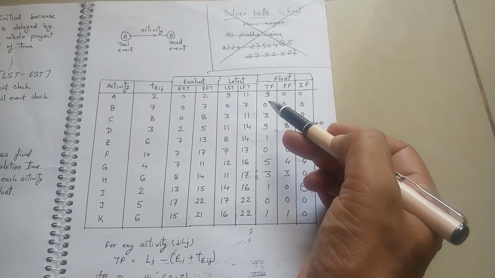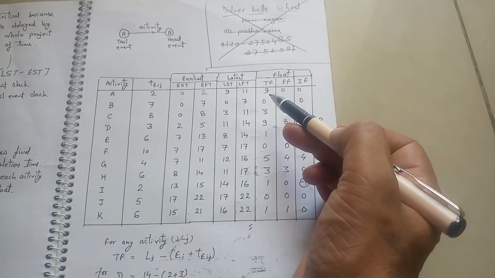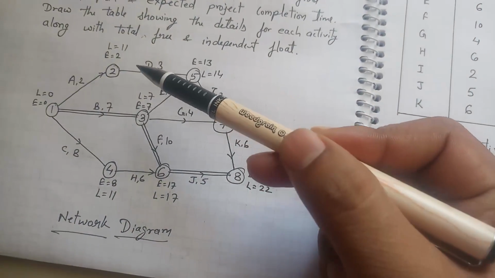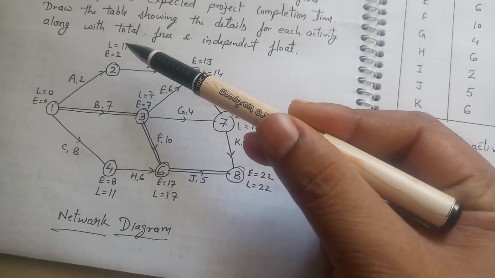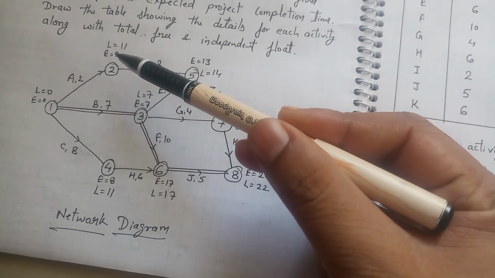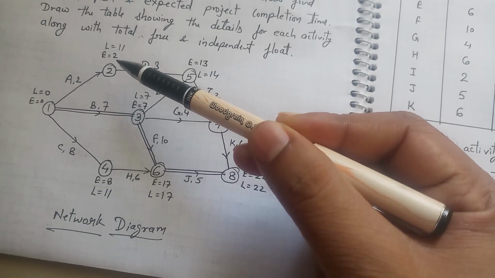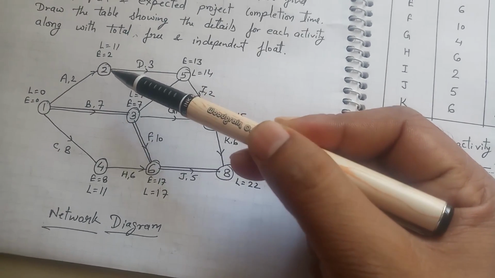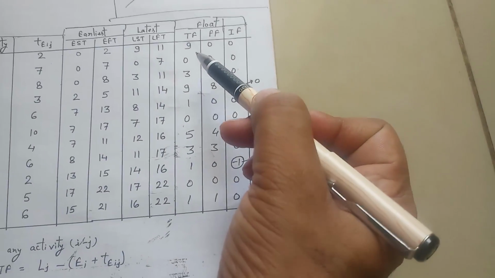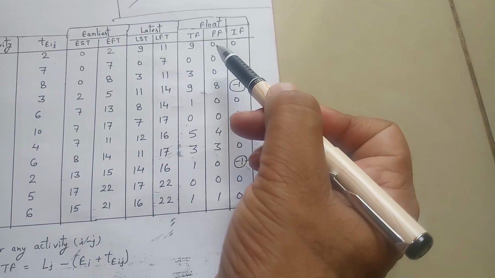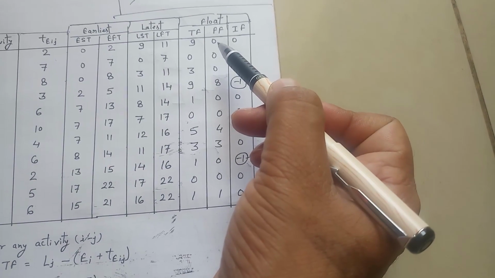So the total float for activity A is 9, and the head event slack for activity A is the latest minus earliest, 11 minus 2, which is equal to 9. So total float 9 minus slack 9 is equal to 0.